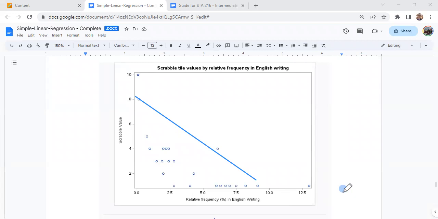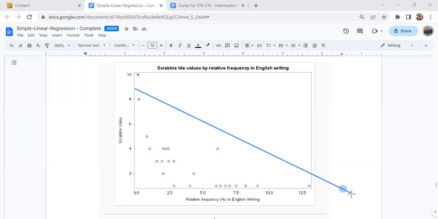This is an influential point, because it has so much leverage, especially when it's that high, it almost forces the regression line to go right exactly through it.